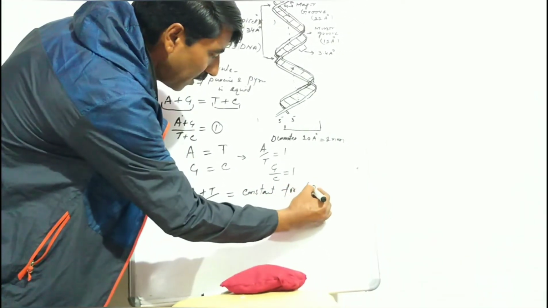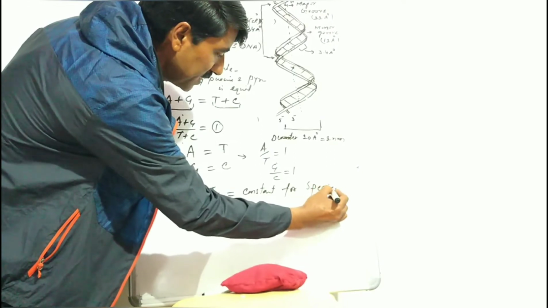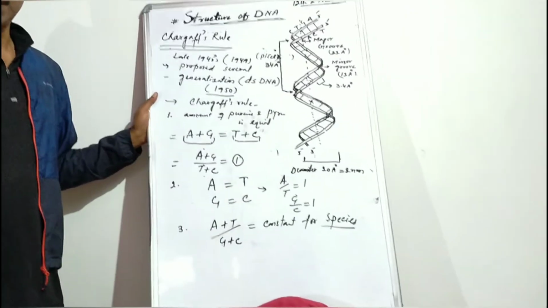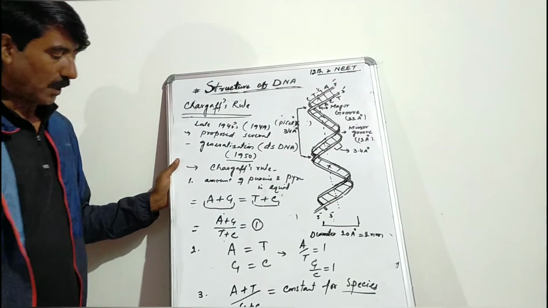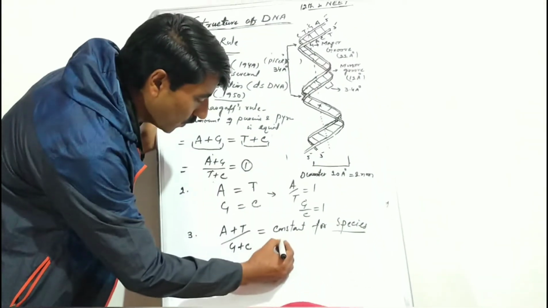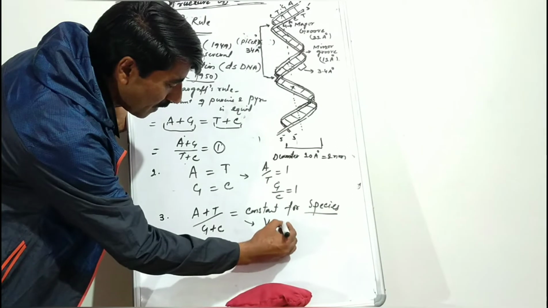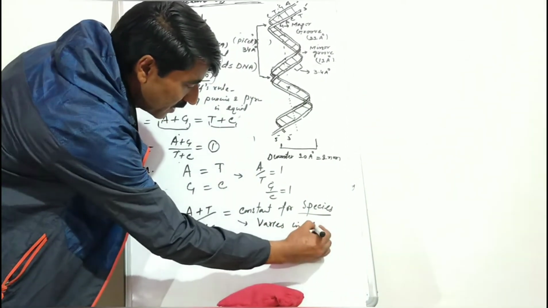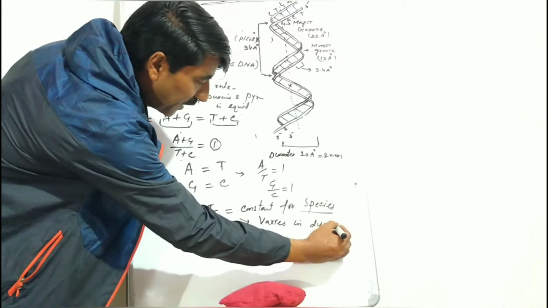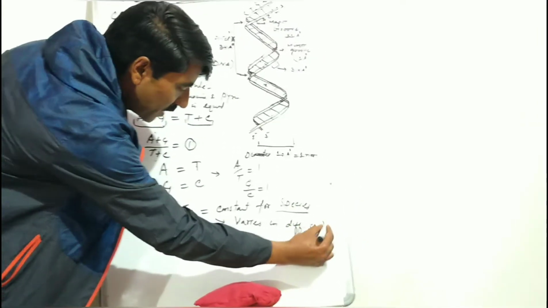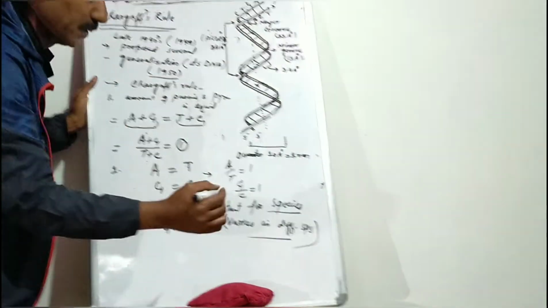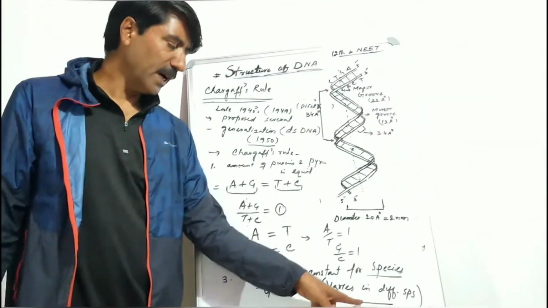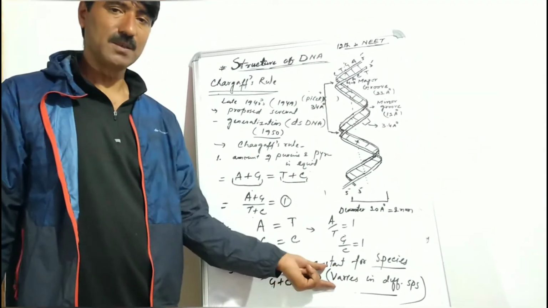That means all the members of the species would have the same A plus T by G plus C ratio, and this ratio varies between or in different species, so it would be different in different species. Here this aspect is very important because it is used for the identification of the species.